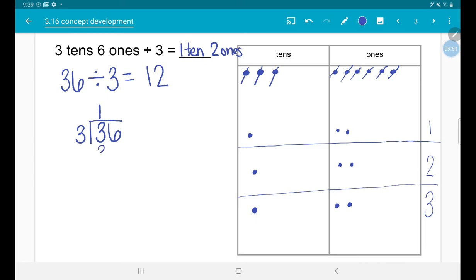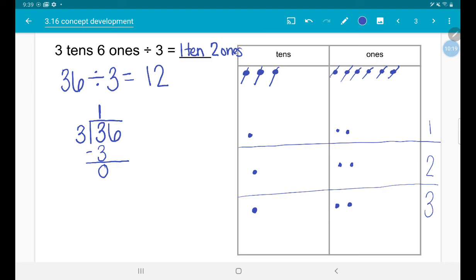So right underneath the 3 10s, I'm going to write a 3. That 3 is just showing me how many I put into groups. Okay, I'm going to subtract to see if I have any left over. 3 minus 3 is 0.